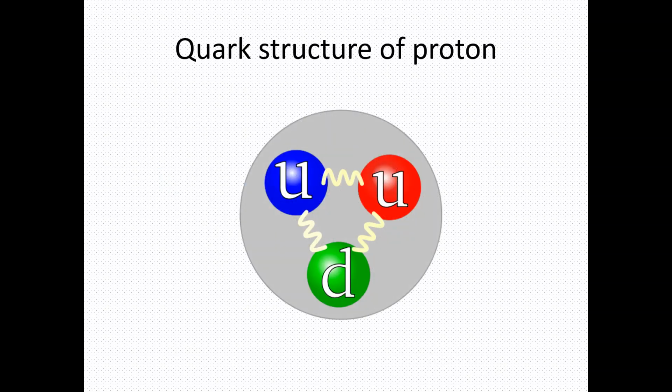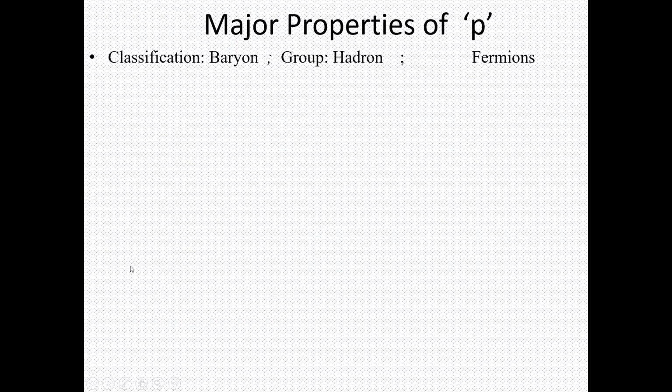Now we proceed toward the core structure of the proton. You can see here the three different quarks contained by the proton. Protons basically contain two up quarks and one down quark. Here are the major properties of the proton. The proton is classified as a baryon in the group hadrons, which are called fermions.